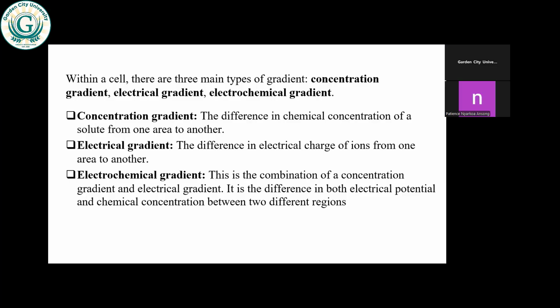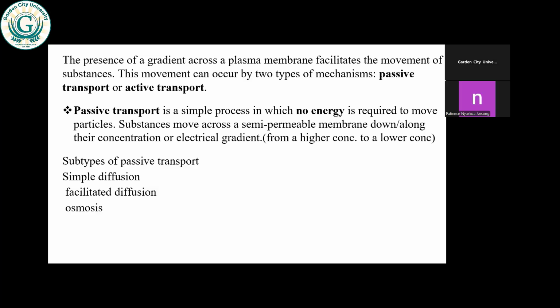The difference in the charges across the cell membrane also gives an electrical gradient. The two combined will give you an electrochemical gradient. So the presence of a gradient across the membrane facilitates the movement of substances. As I said, if there's equilibrium, then there's no movement because the inside is the same as the outside. But if there's a difference, then that's going to enable movement to occur.